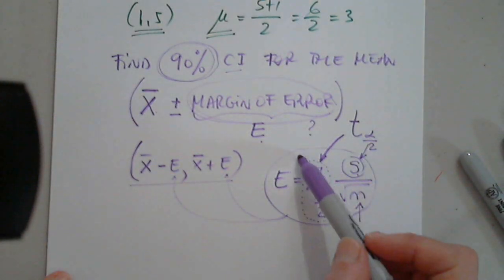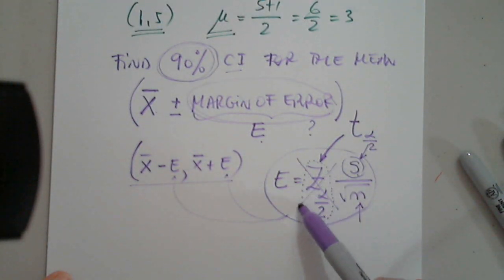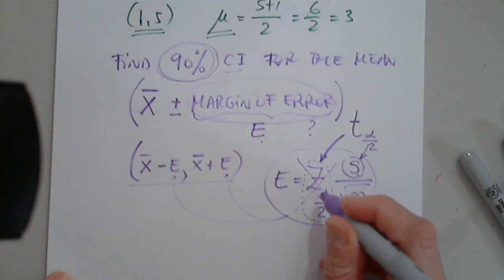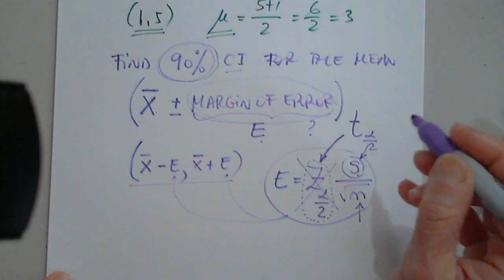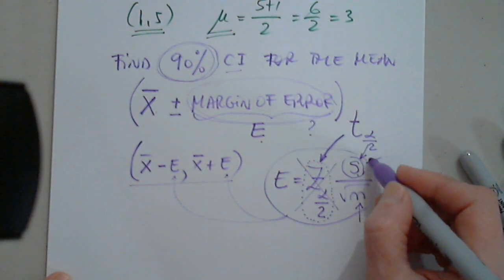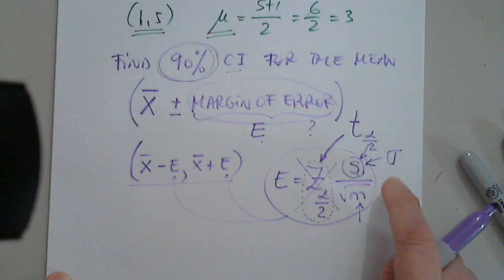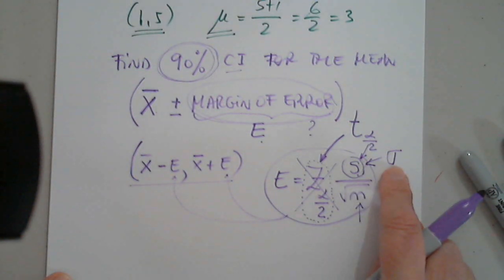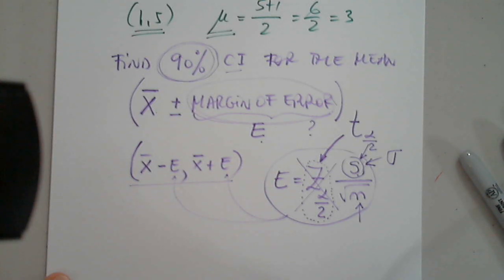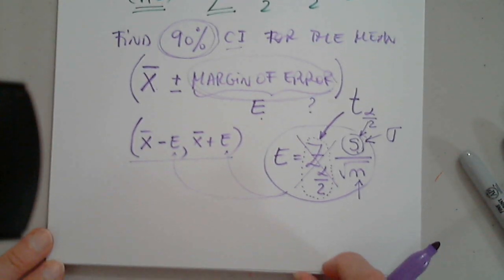So why do we replace z? Normally it should have been z. But the reason we replace z with another distribution that I will talk about in a minute is because we do not have the sigma. We do not have the standard deviation of the population. We have the standard deviation of the sample. Okay.